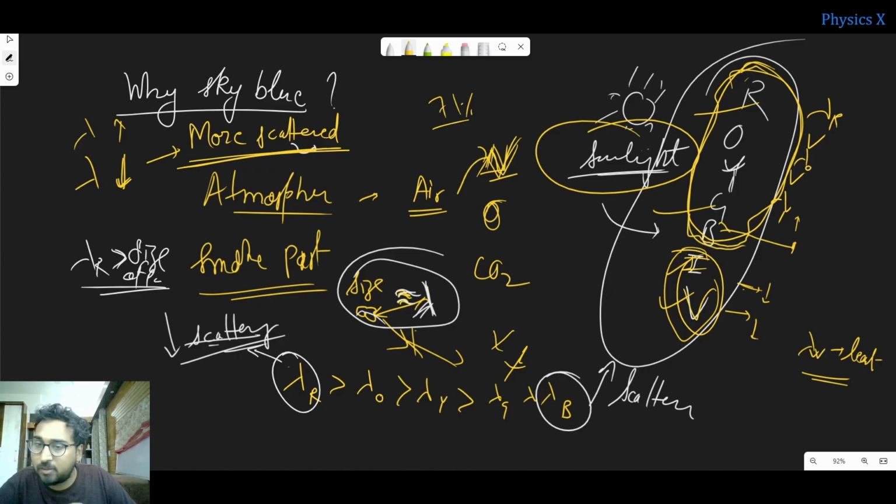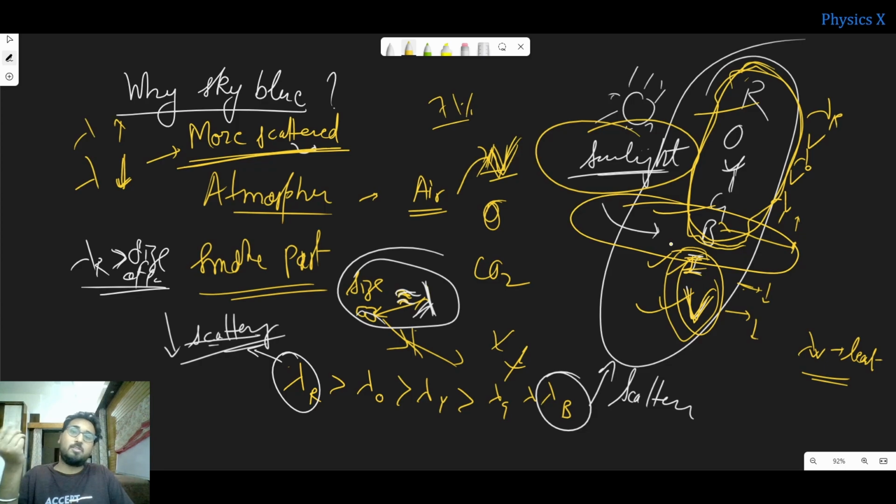Violet and indigo are also scattering, but that scattering is not sufficient, because in the original sunlight the constituent of indigo and violet is lesser. So blue majorly overpowers the scattering of the other colors of lower order, indigo and violet, and that is why we are able to see the sky as blue.